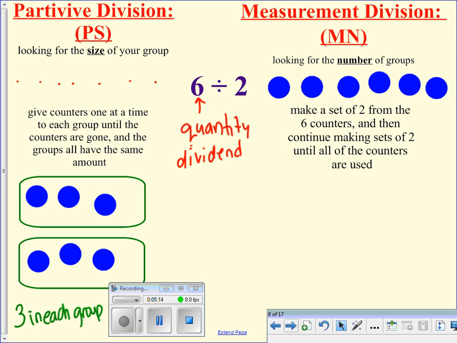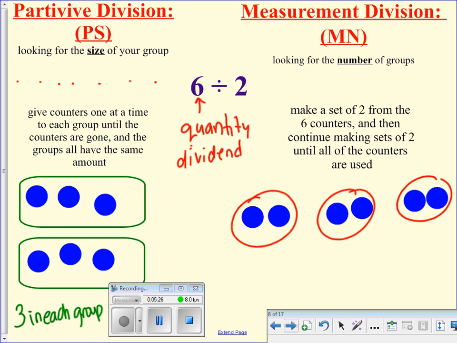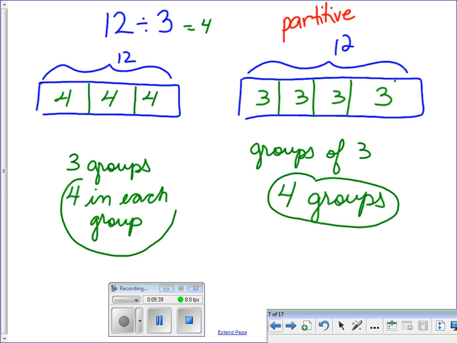So we're going to take 2, because we're at 6 divided by 2. 2, 2. So how many groups did I make? 3 groups. So that's measurement. You should be writing this in your notes.